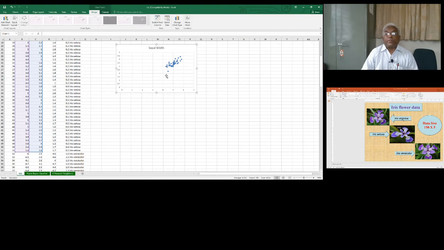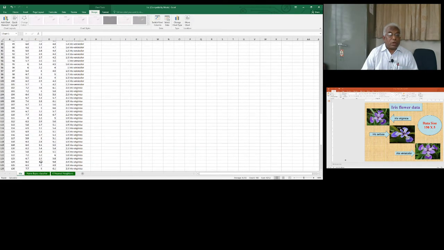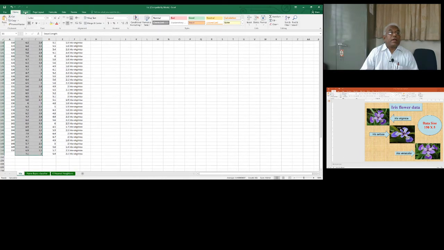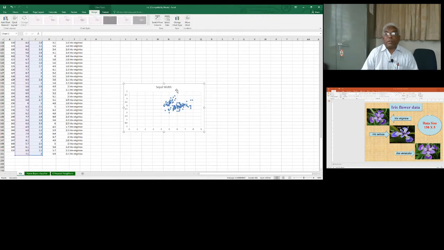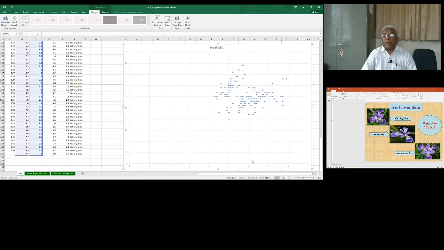You can see this. Now I will extend my data still further and take into account all three species. Once I take all these three species and insert the scatter diagram once again, you will see this is the scatter plot.